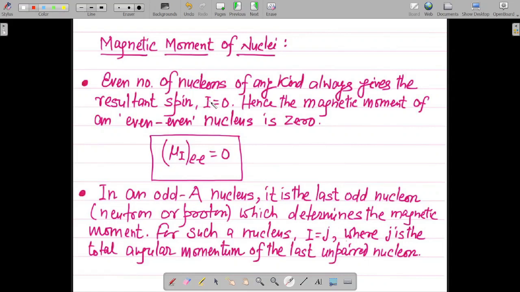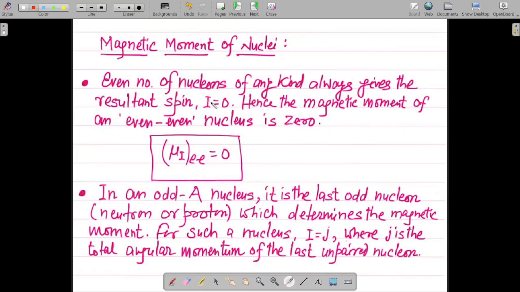Why is the resultant spin I equal to 0 in that case? Because when there are an even number of protons or an even number of neutrons, then when you write the nuclear configuration, the nucleons get paired up.